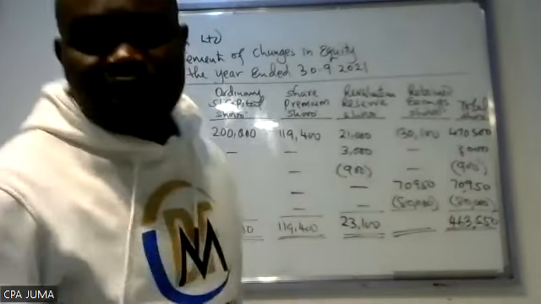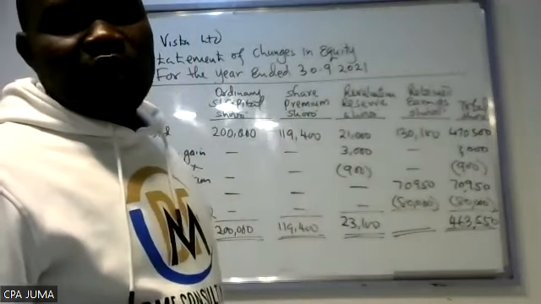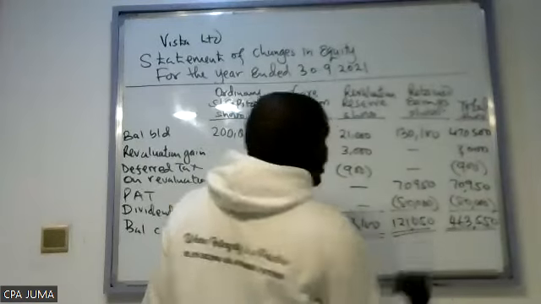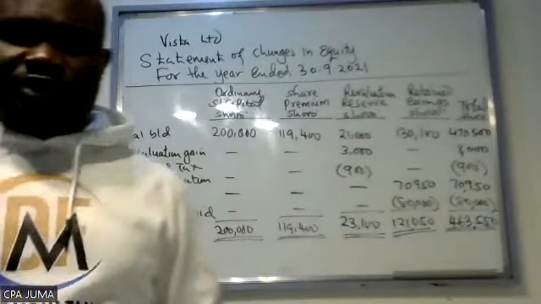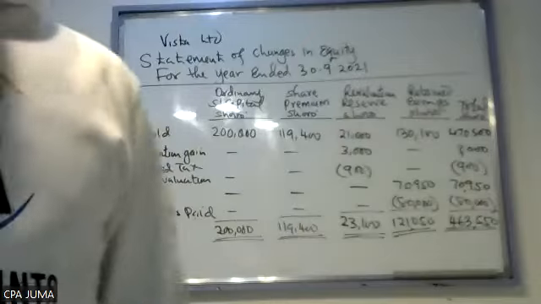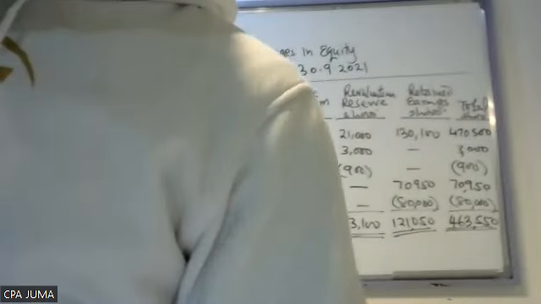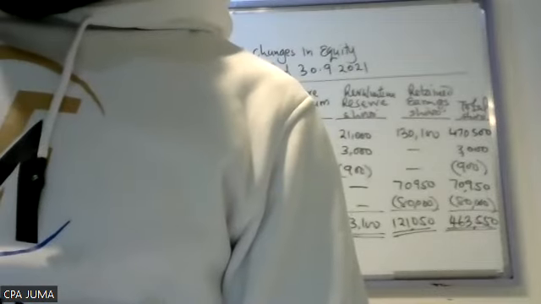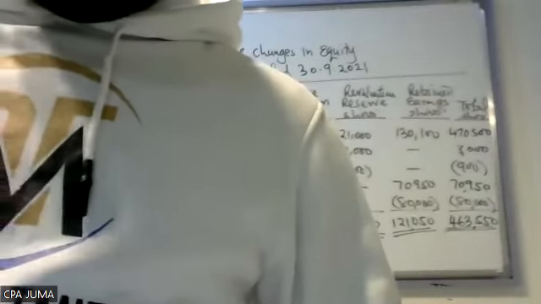For ladies is 121,050. Unless you are disputing those figures, I want us to go to the balance sheets. Unless there is a dispute, I want us to go to the statement of financial position.